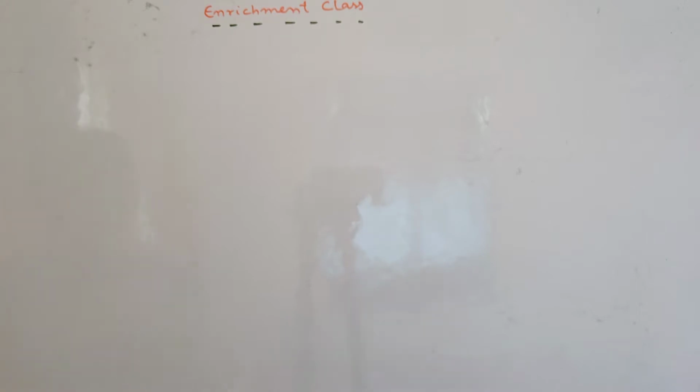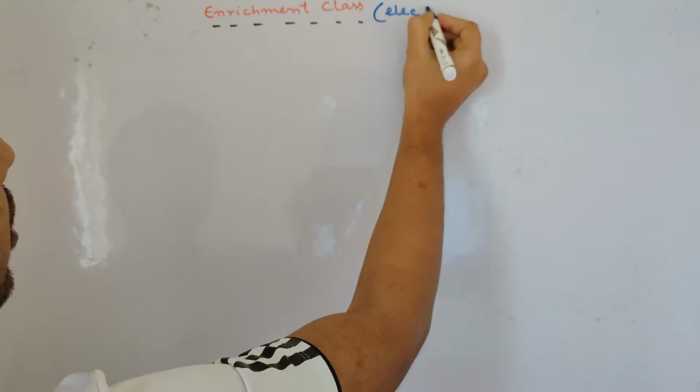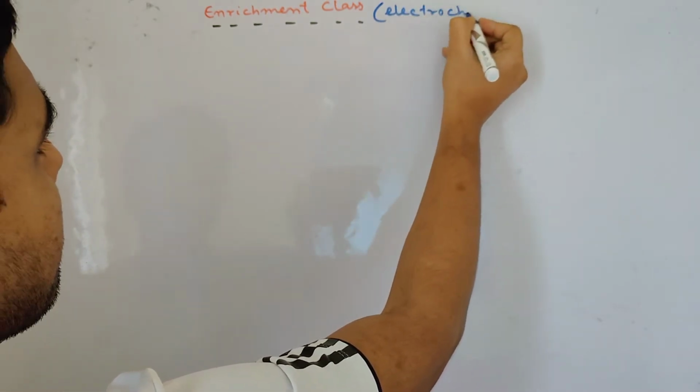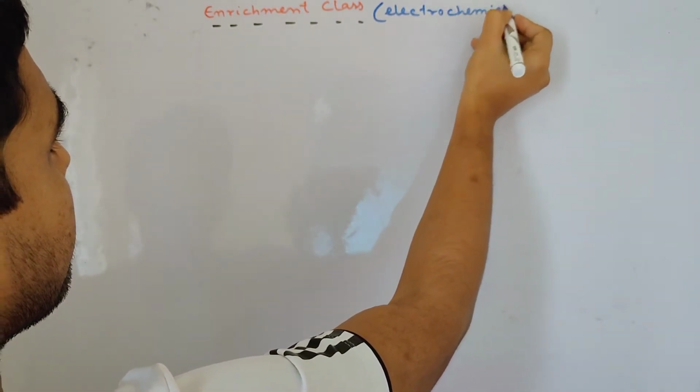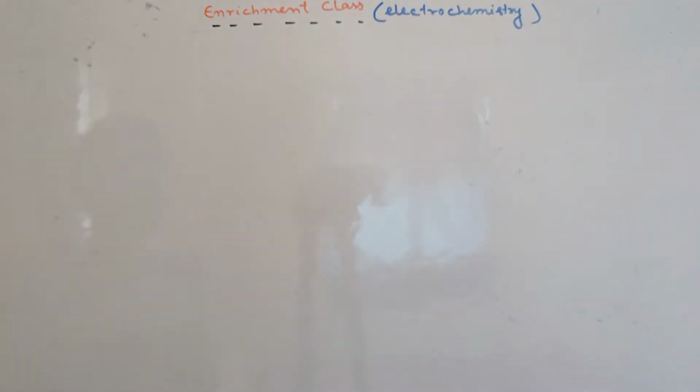So here also, let us start solving a few problems. Since it is the first enrichment class regarding electrochemistry, our preliminary target will be to solve simple, comparatively easier problems.